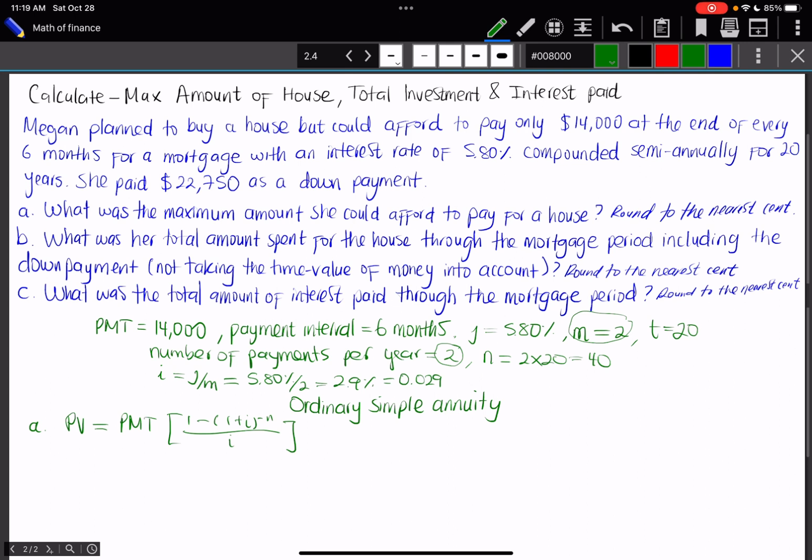Then the present value of those $14,000 Megan is willing to pay at the end of every 6 months for a mortgage with that interest rate, for 20 years, is given by 14,000 multiplied by 1 minus (1 plus 0.029) to the negative n, where n is equal to 40, divided by 0.029.